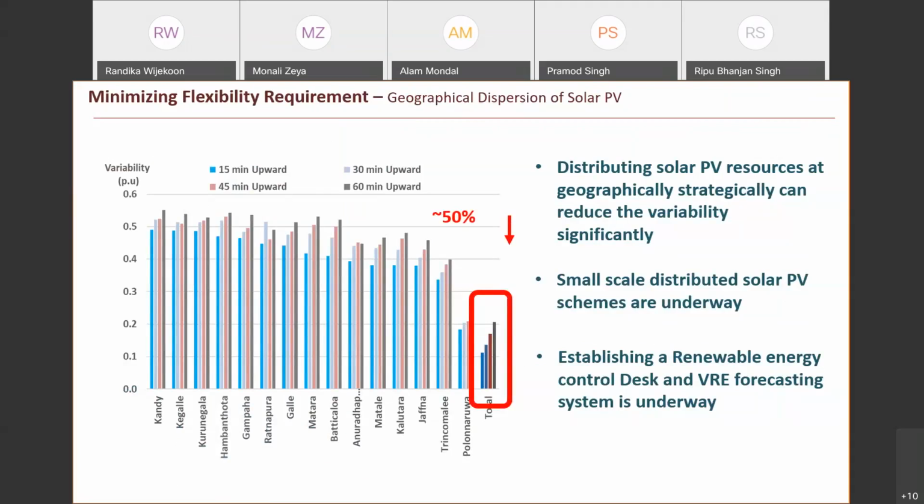Therefore, there are many schemes now going on with small scale distributed type of solar PV installations. And in addition to that, a renewable energy controlling center as well as a renewable energy forecasting system is also underway, considering this distributed nature of the wind and solar resources.